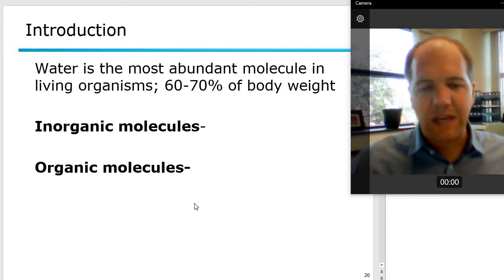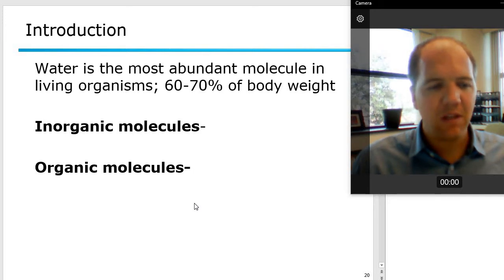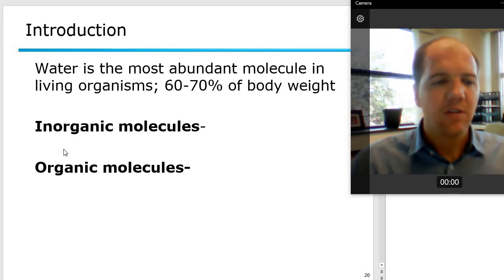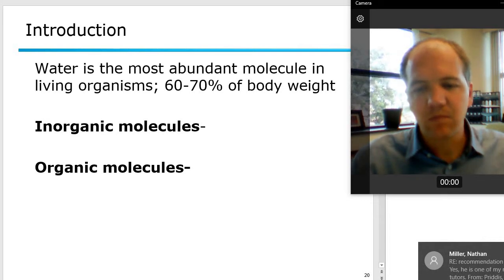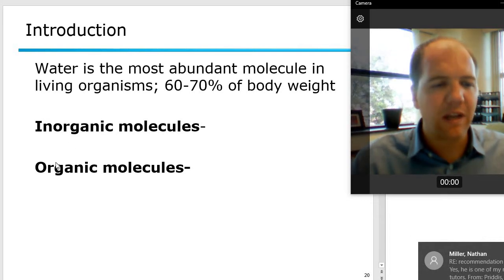We're considered an organic organism, meaning that sometimes organic is also equivalent with life. Molecules can be put into two big categories, either inorganic or organic molecules.